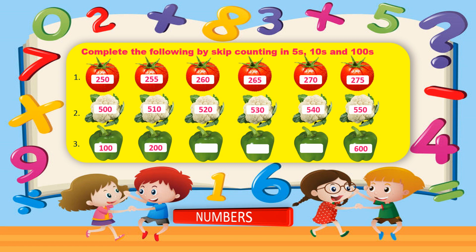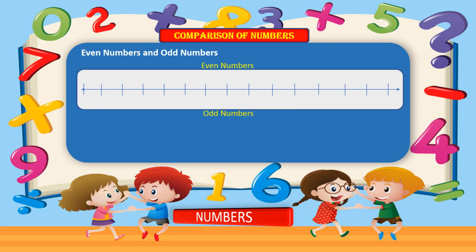In the third row, the numbers are skip counted in hundreds. 100, 200. Then the missing number is 300. Next one is 400. Next number is 500 and 600.